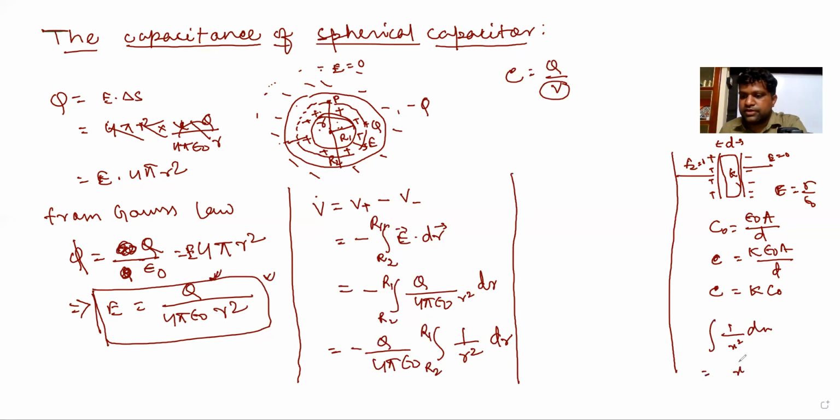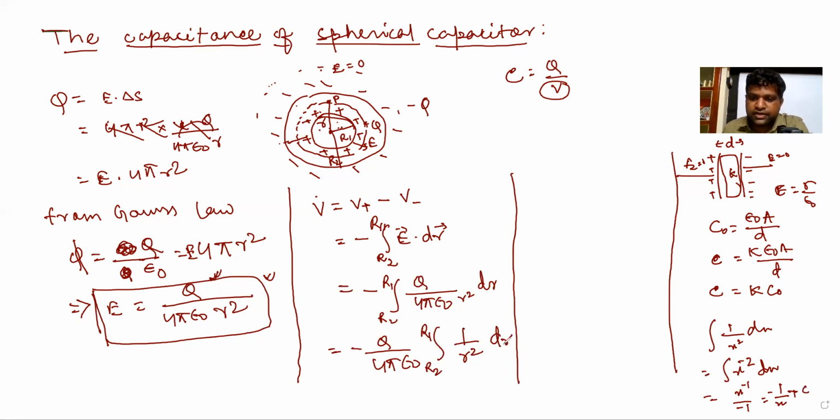You can use the formula: integral of 1 upon x square dx is x to the power minus 2 dx basically. So you can use the formula x to the power n plus 1 by n plus 1. So it will be x to the power minus 2 plus 1, that is minus 1 by minus 1, or you can say this is minus 1 upon x plus c, if it is indefinite. If definite, the upper and lower limits will be there.